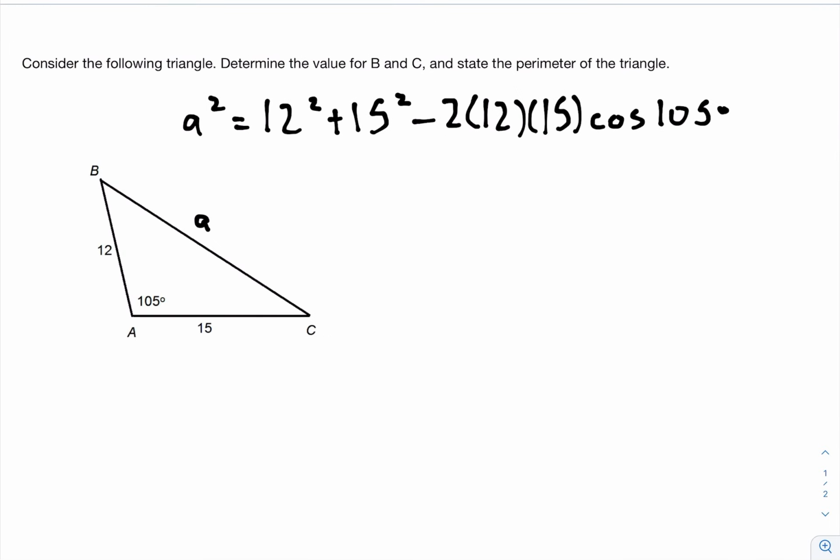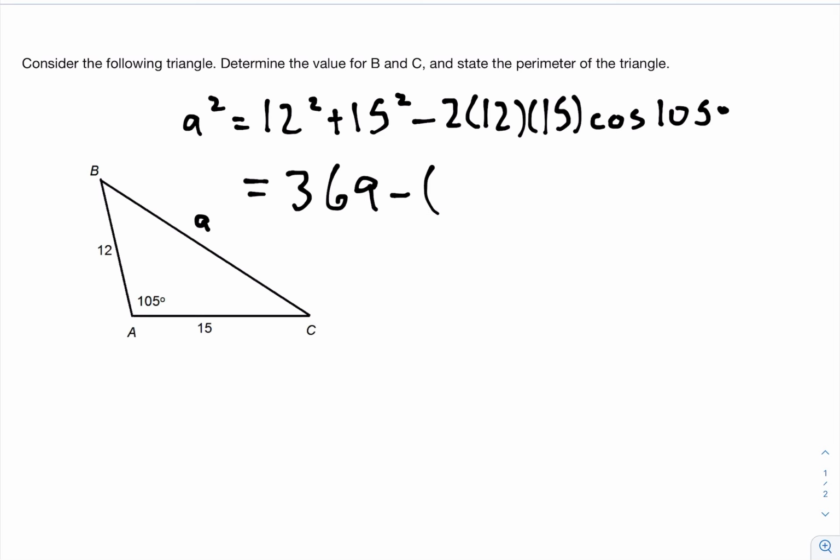So 12 squared plus 15 squared is 369, and then we're subtracting, so 369 minus 2 times 12 times 15 times cosine of 105. Okay, so that's negative 93.2.